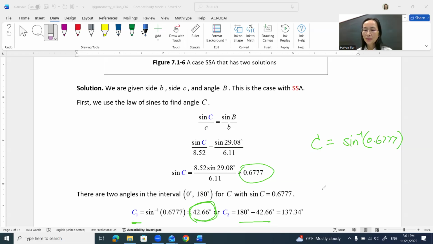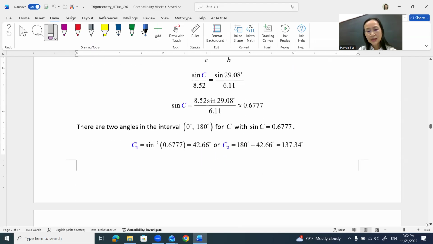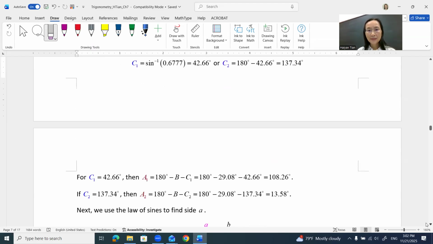So 180 degrees minus that. So this is an angle that is in the second quadrant. Remember, whose sine value is also positive. So it's immediately another possibility for C. So we can have either an acute angle or an obtuse angle, and their sine value will be the same. So then we have two possibilities for C. So if it's the first possibility, when the C is acute, then we can go ahead, look for A.